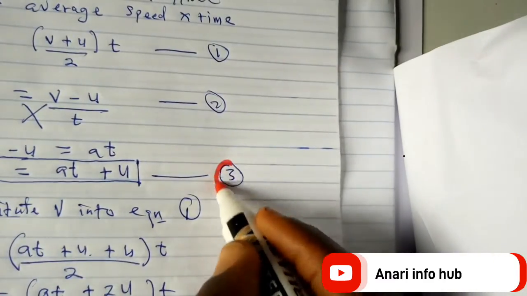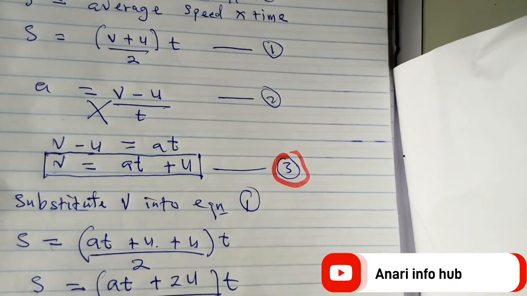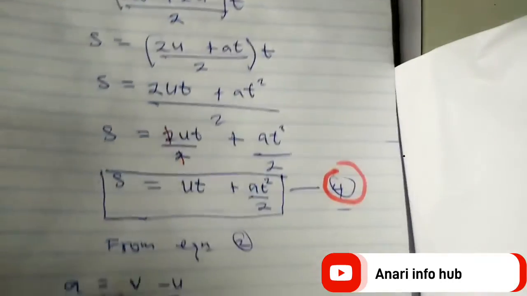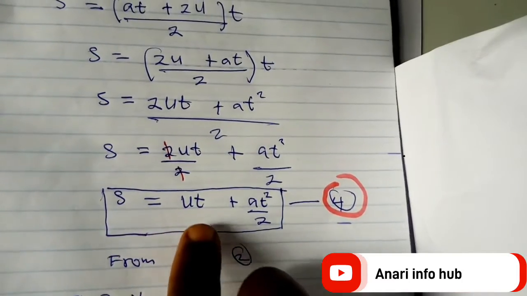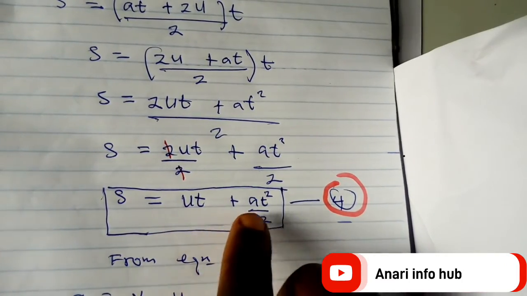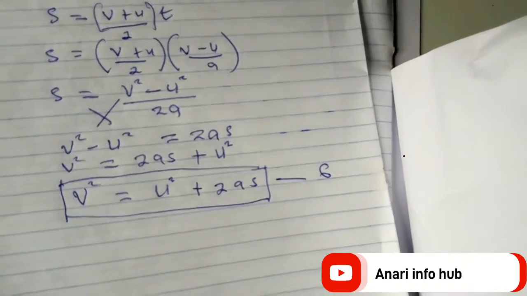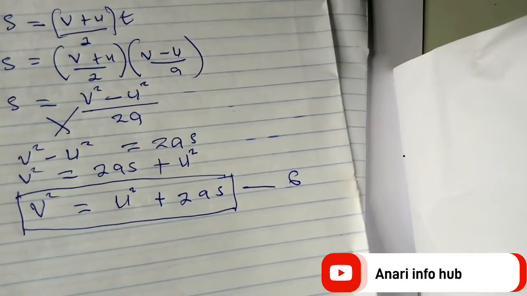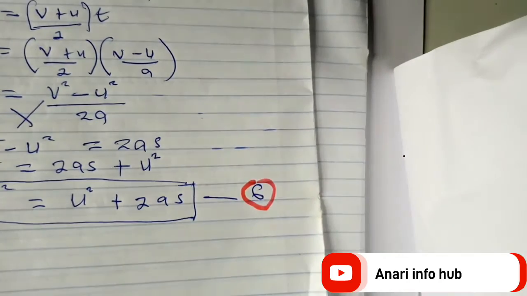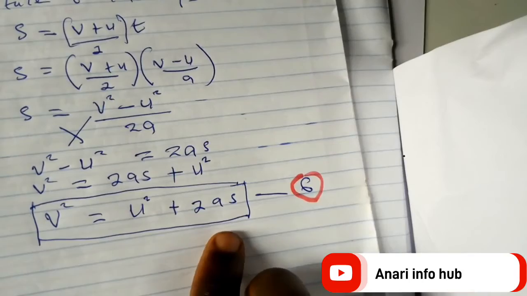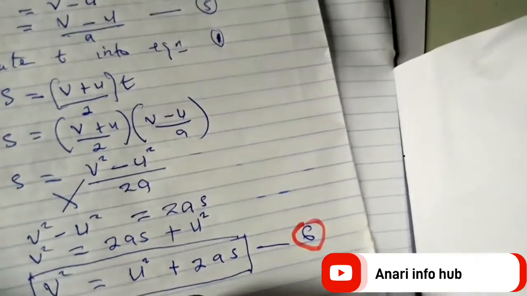The first one says v is equal to at plus u. The second one says s is equal to initial velocity times time plus at squared over 2. And the third one says that v squared equals u squared plus 2as. Okay, so this is the end of today's class.